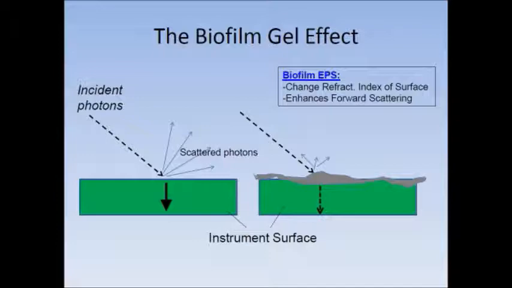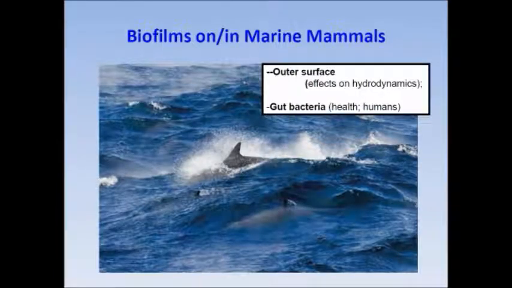So the fouling just by a very small biofilm, tens of microns in thickness, could enhance or decrease the optical signatures that are being perceived by the instrument. And we call this the biofilm gel effect.